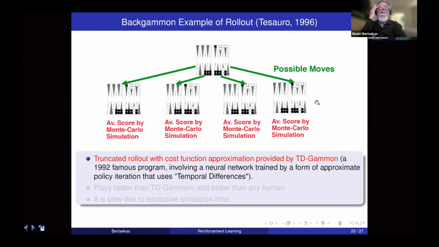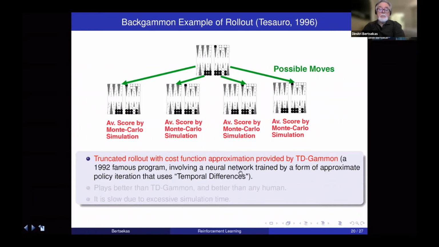And the player that was used to roll out the games was another program called TD Gammon, which was an earlier program that Tesauro had developed, based on approximate policy iteration and a method of temporal differences, which we will not explain in this lecture.